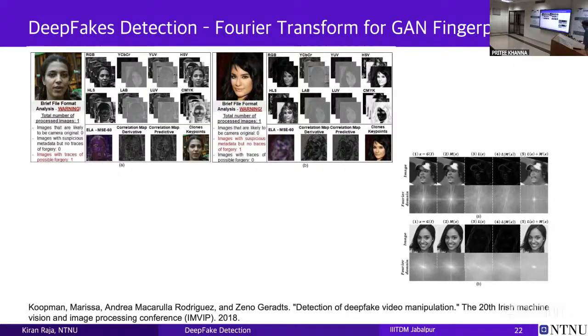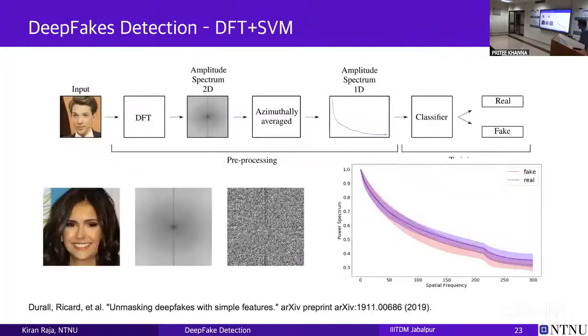Okay, so what can I do with this one? If I know that kind of signature exists, which is very different, I can simply take it back and learn a classifier. Now, how do I learn the classifier? Take a DFT, and if you take the DFT, you get an amplitude spectrum. And then from that, you take an average in a particular angle, in an azimuth direction or in a horizontal direction.